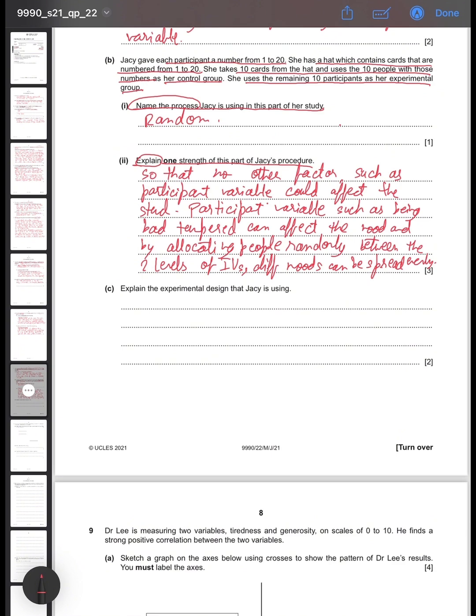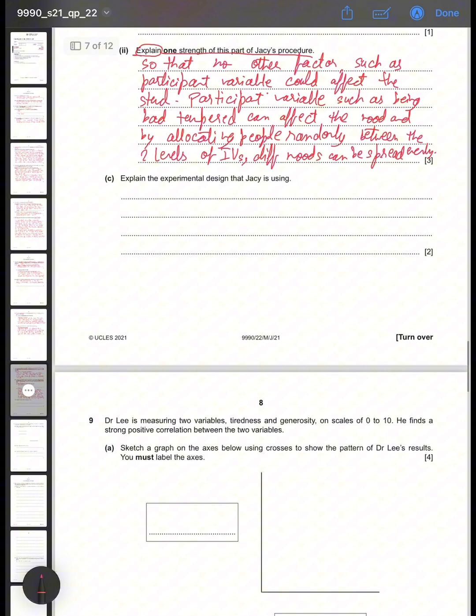It's not like people with bad temper end up being in the same group, and people with patience and happy mood end up being in the same group. So just to make sure that this does not happen and participant variable does not impact her results, she allocated the participants randomly to spread the two different moods evenly in both the groups.